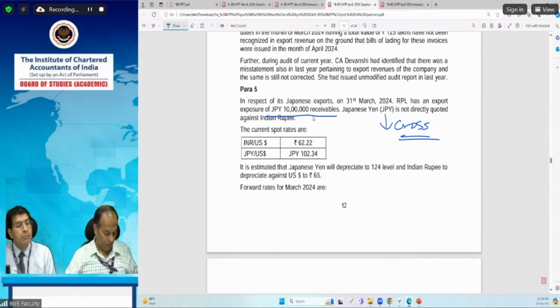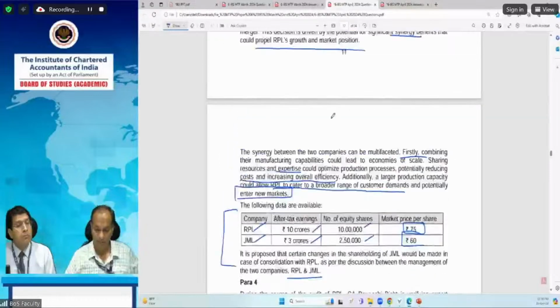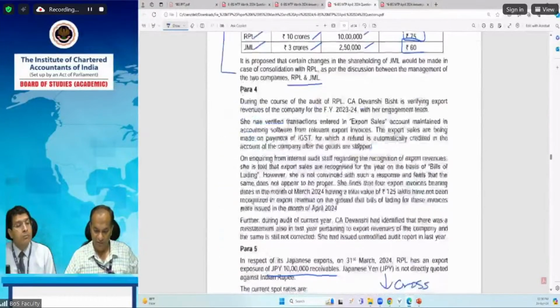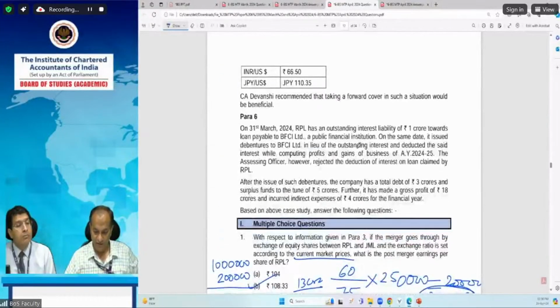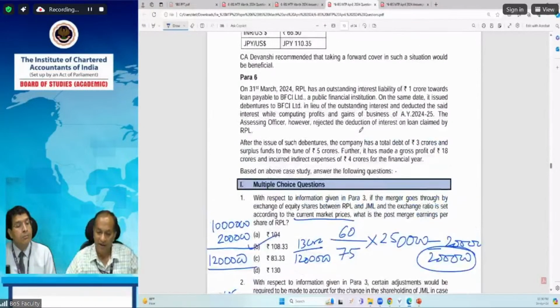Our MCQ 5 is not related to para 5, it is related to para number 6. Now in para number 6, the first part relates to the tax portion.